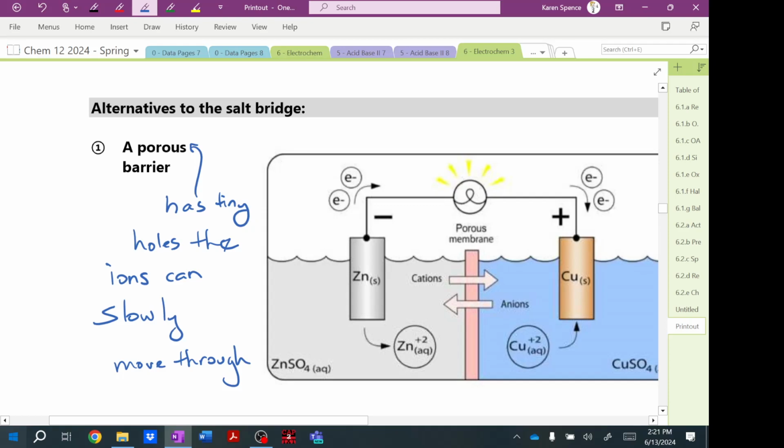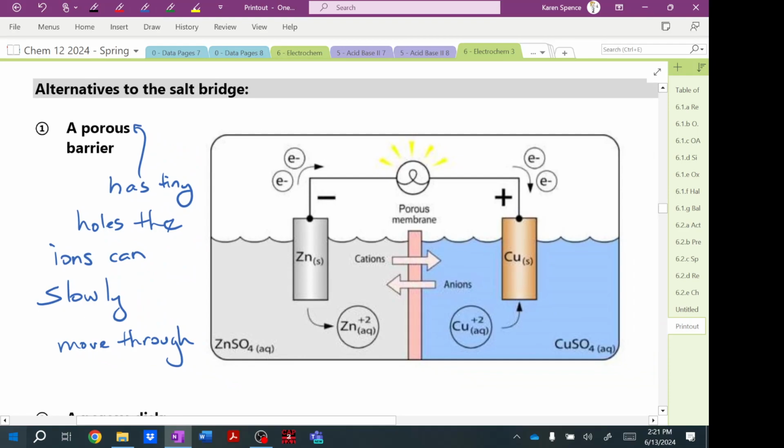So it is still separating the copper ions from the zinc ions. Because if you had copper ions over here, what would happen? They would just grab the electrons from the zinc right away, and you would end up with the electrons not flowing through the wire.